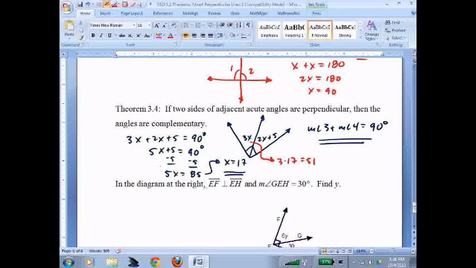Plus 5, I must have done some math wrong here. 85. Oh, yeah, no, I did it right. So this one becomes 2 times 17 plus 5 is 39. And what does 39 plus 51 equal? 90 degrees.